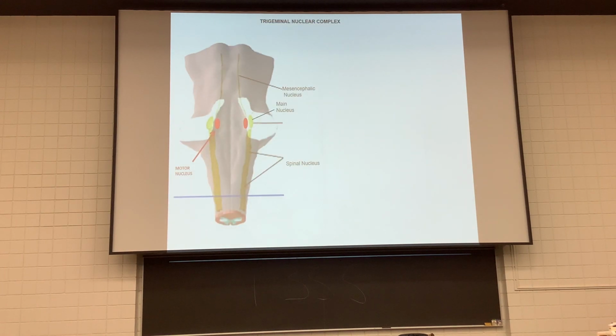Okay, let's look at this one more time. So there's the trigeminal ganglion. The axons of those neurons that are carrying pain enter at mid-pontine levels, and then those axons actually descend, and along their way, they give off axons that synapse on neurons in the spinal nucleus of 5.